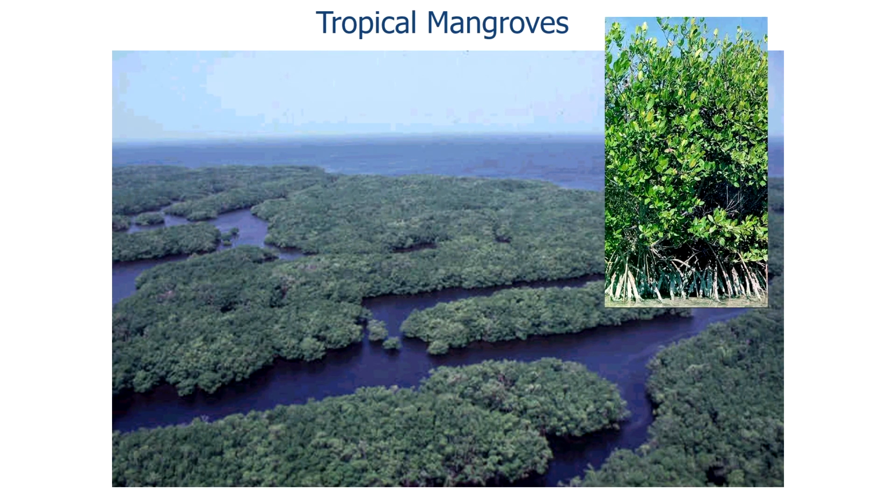Then typical tropical mangroves, and in some cases these mangroves also act as protective barriers against high energy ocean waves, or sea waves, you can say. And in some locations during the 2004 tsunami, wherever we had these mangroves, those areas experienced less damage.